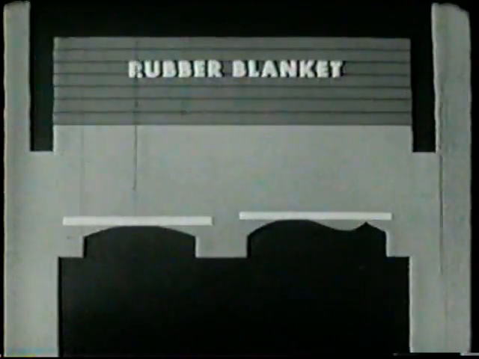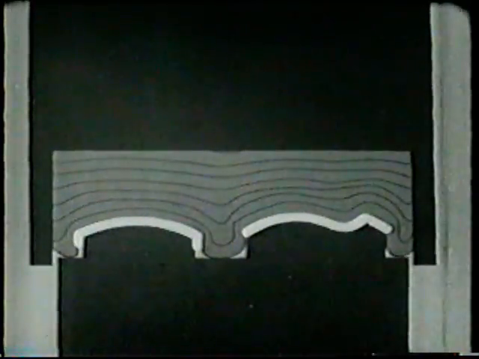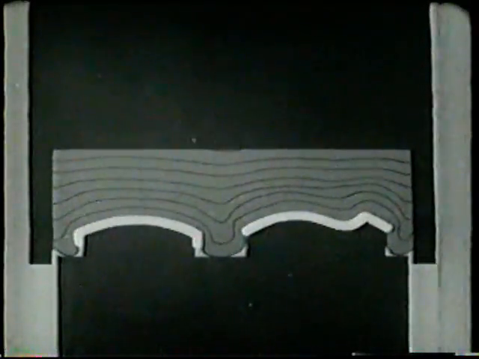The action of the hydropress is based on the use of a rubber blanket in place of the upper die. When it is brought down upon the loaded table, the rubber pad transmits pressure in a fluid-like manner, forcing the metal to the shape of the dies.